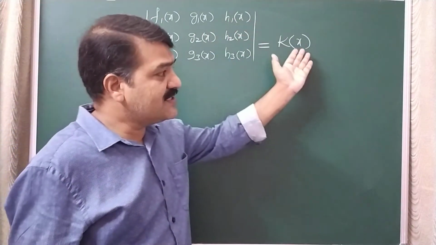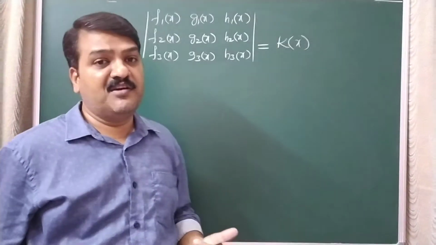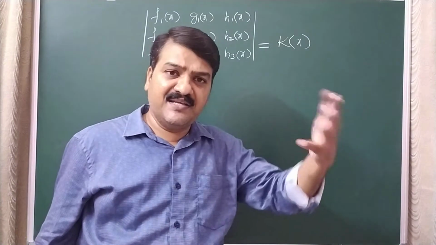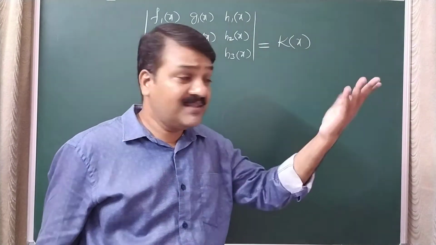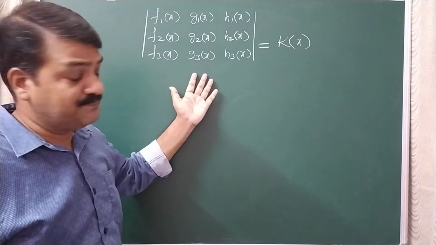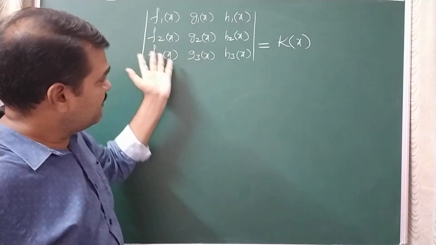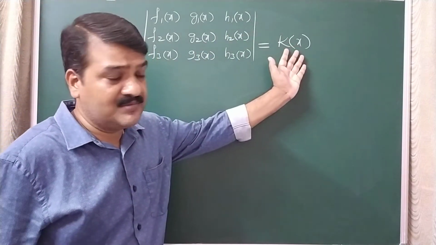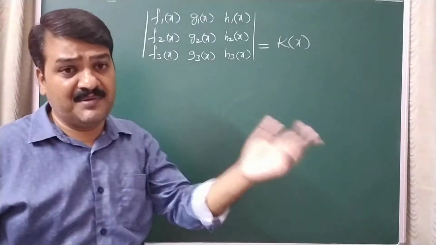So whatever answer you are going to get is also a polynomial in x. The answer can be second degree, third degree, fourth degree, anything. That depends on what you are taking inside the determinant, on what you are taking in place of these elements. So we can get any polynomial.